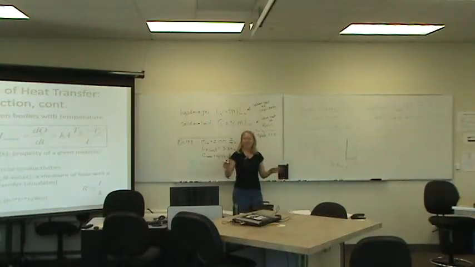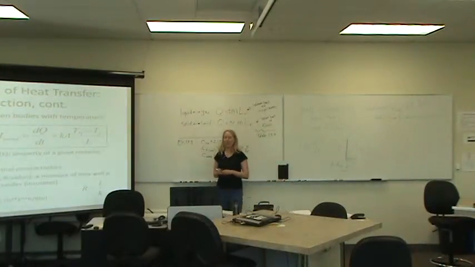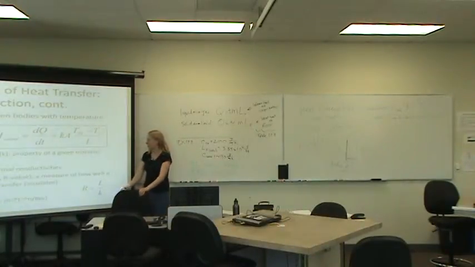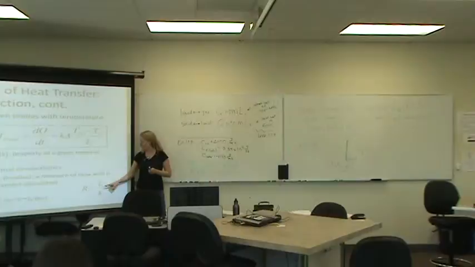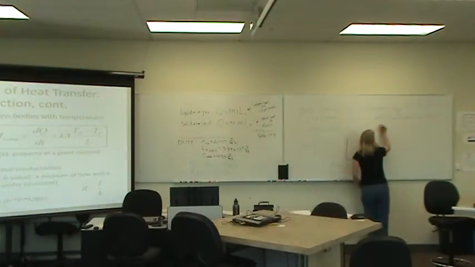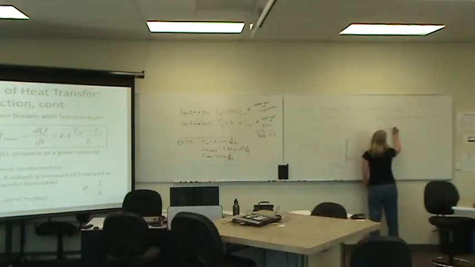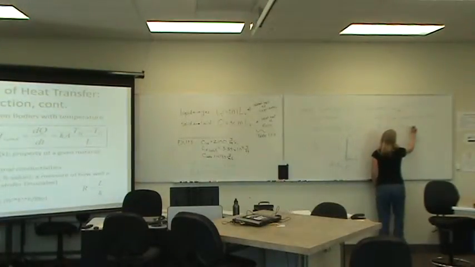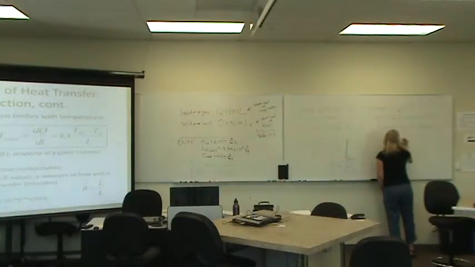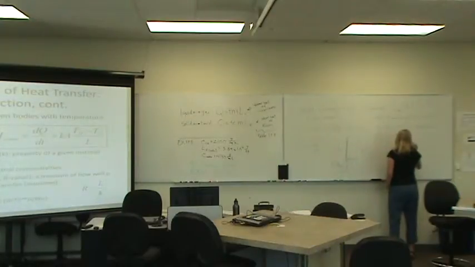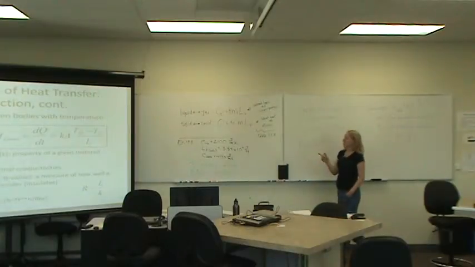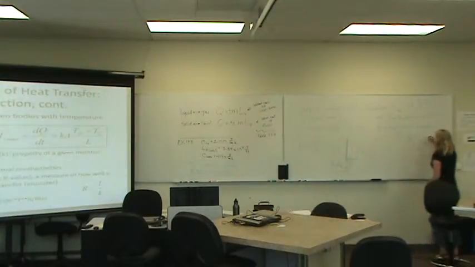Then you would have a different K value for each of them, or if you want, you can calculate the thermal resistance, R, and the thermal resistance is the thickness over K, L over K. R has SI units of square meters times Kelvin divided by watts.